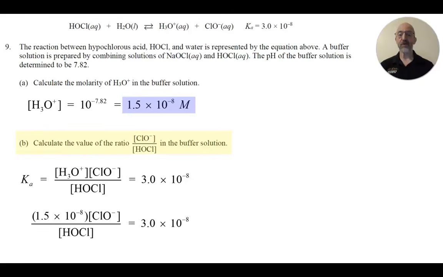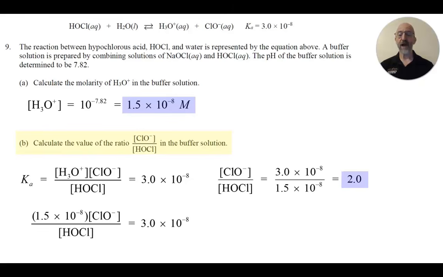And remember that 3.0 times 10 to the negative 8, that is the Ka, and that was given to us in this problem. So all I have to do is a very simple little algebra to solve for this ratio in part B. I'm simply going to divide both sides of this equation by 1.5 times 10 to the negative 8, and I will have the ratio that I'm looking for.